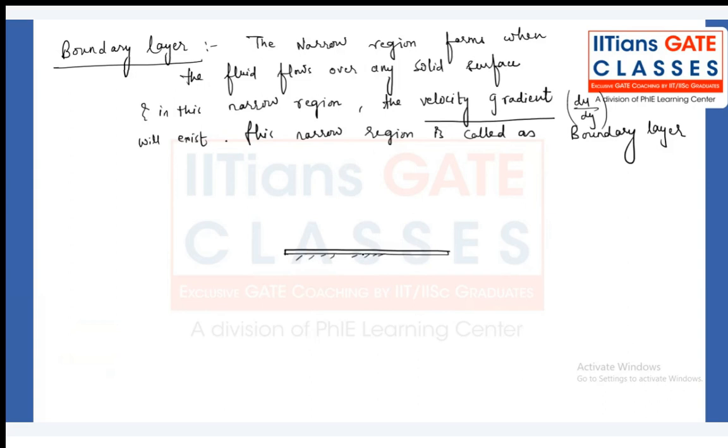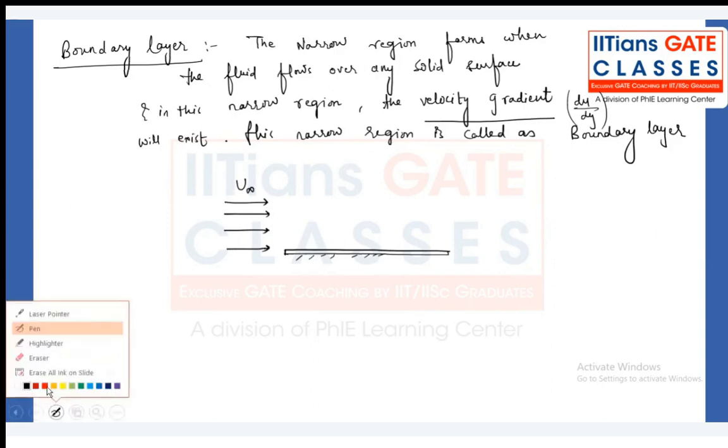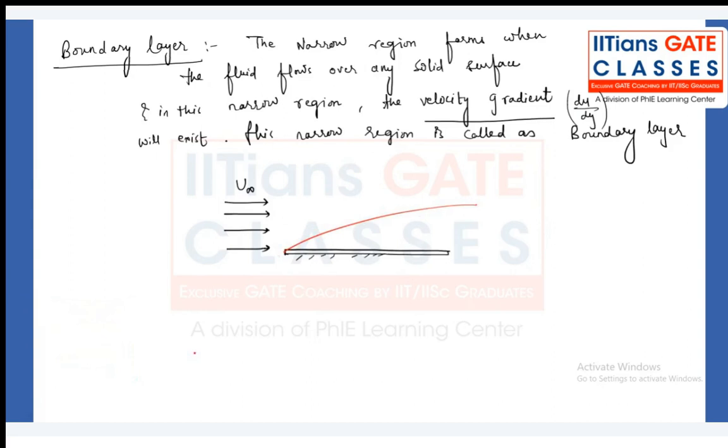There is a fixed plate and there is some uniform velocity profile. The fluid is flowing over this flat plate with the free stream velocity u infinity. We know that some boundary layer formation will be taking place. Now I am at this location right now, where this fluid particle is attaining 99% of the free stream velocity.